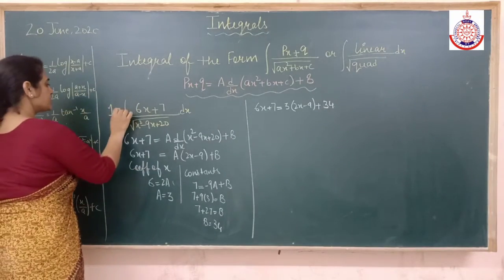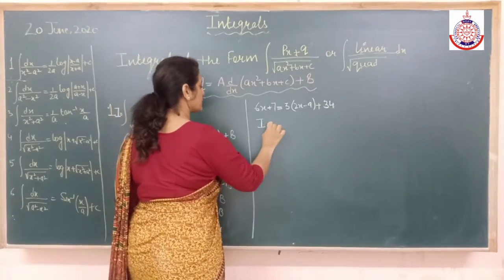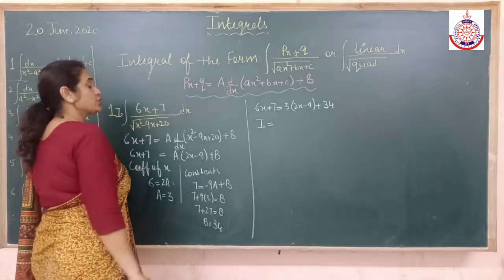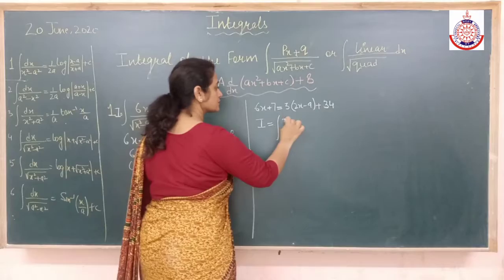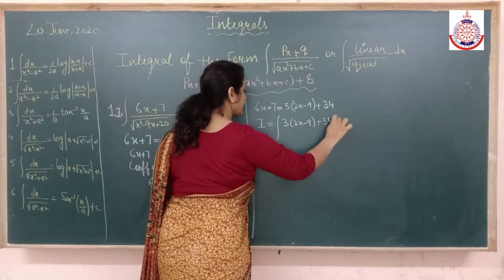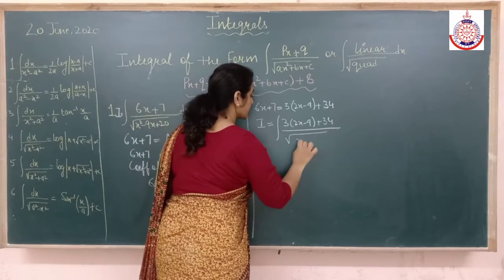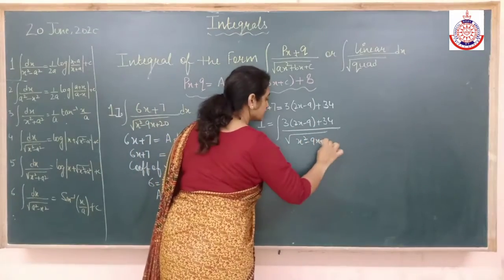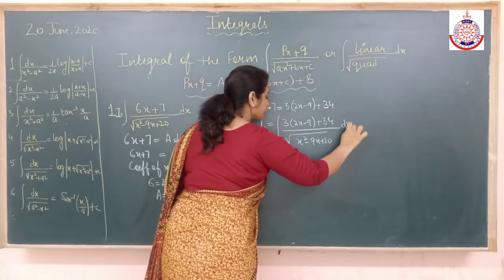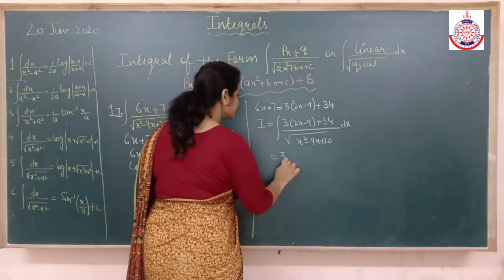Give this original integral as I. So this will be split into, alright. Fine. So split into 2 integrals.